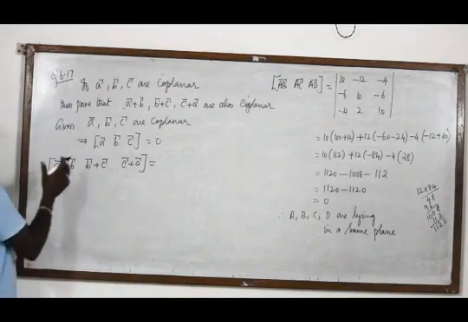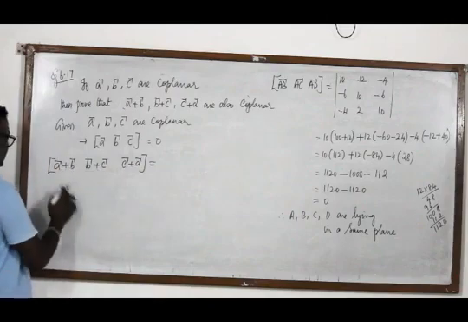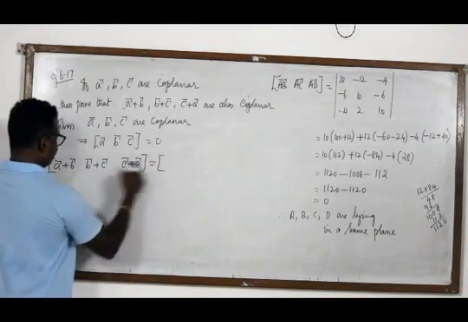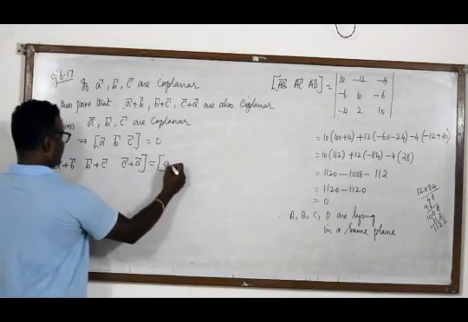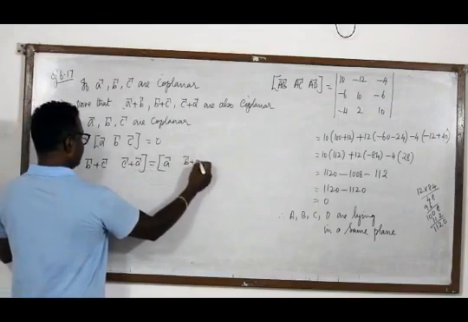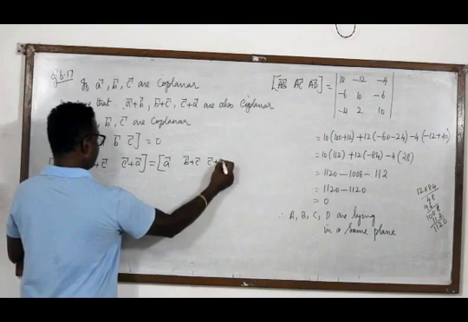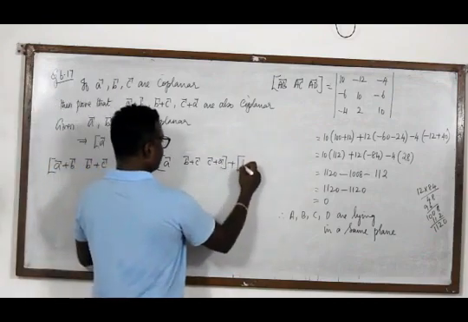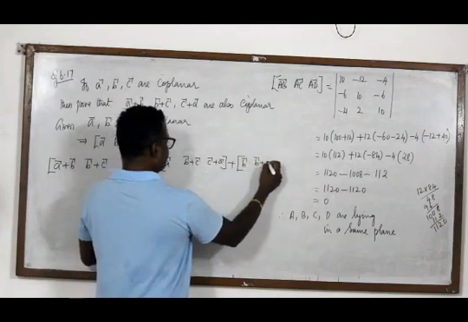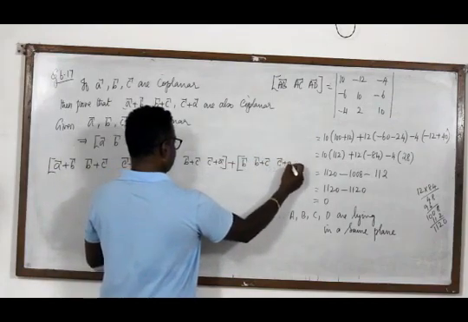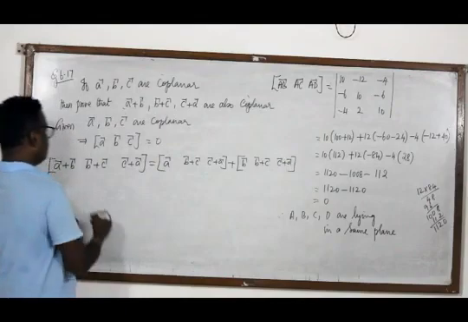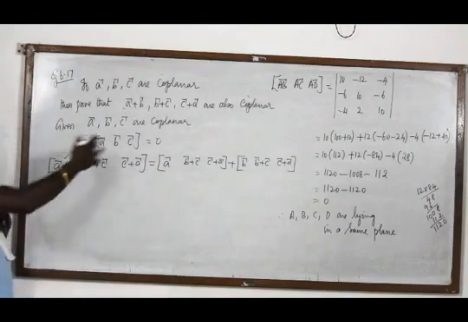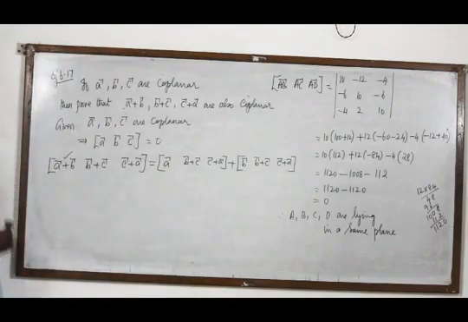So, let me find box product of A plus B, B plus C, C plus A. Now, the box product maintains addition, isn't it? So I can write this with respect to A: A, B plus C, C plus A, plus with respect to B: B, B plus C, C plus A. Okay? Now, just by using the first two vectors, I got this partition.